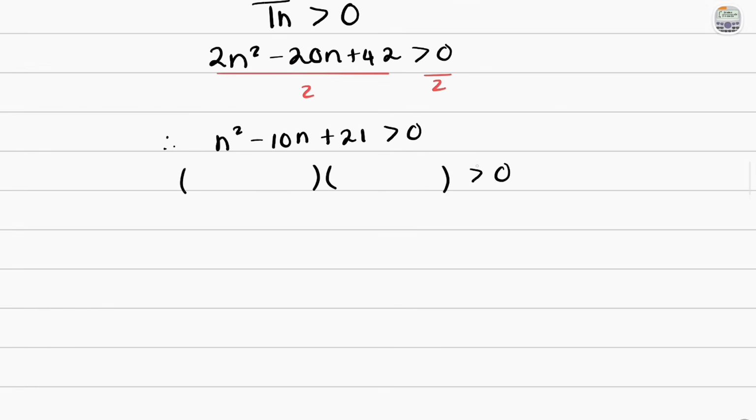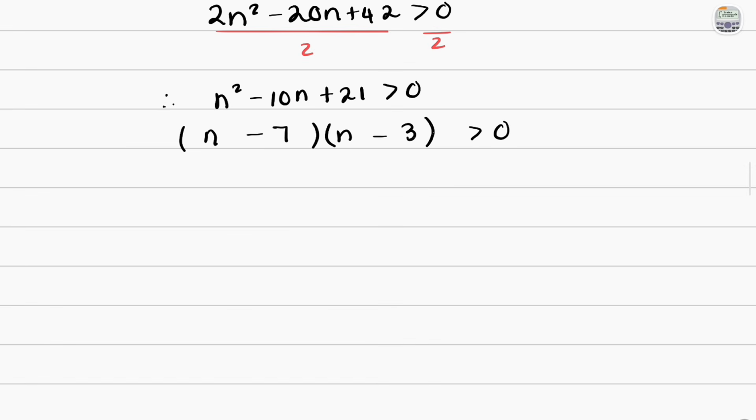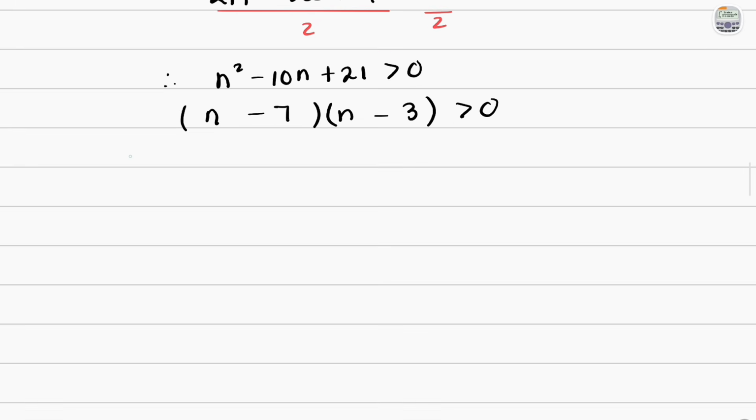Open up 2 brackets. n times n gives us n squared. And then factors of 21, that can give us 7 and 3. We can just make them both negative since only the middle is negative, meaning negative 7 times negative 3 gives you positive 21, but negative 7 minus 3 gives you negative 10. This is what we have, but this is quadratic. You can't just start saying n is greater than 7 and stuff like that. So our critical values, that's what we need to look at.